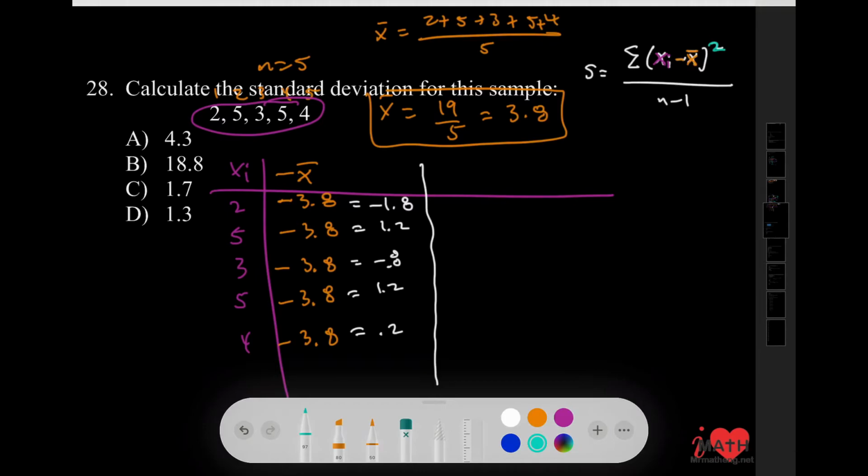Okay, so negative 1.8 squared gives me 3.24. 1.2 squared gives me 1.44.